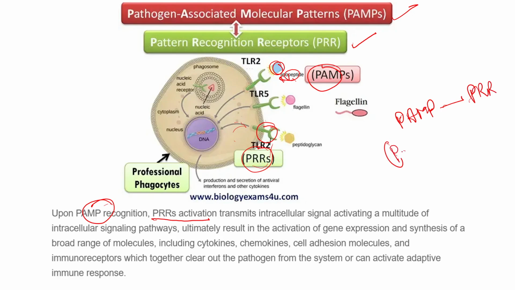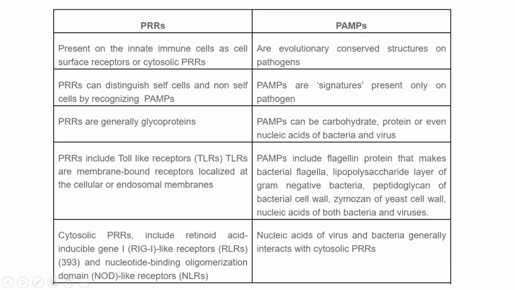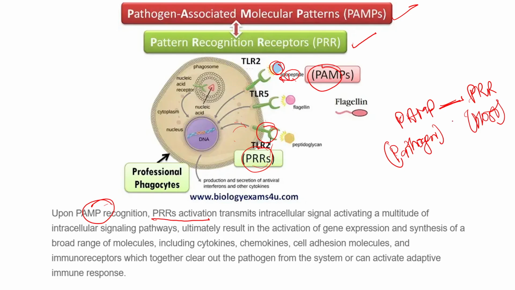PAMP is present on the pathogen and PRR is present on host cells. These both will interact, and on their interaction, the downstream immune signaling will start.